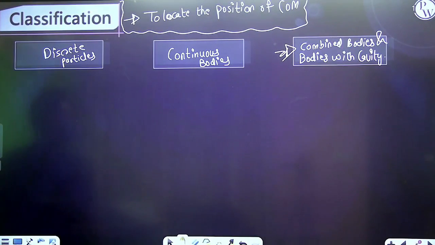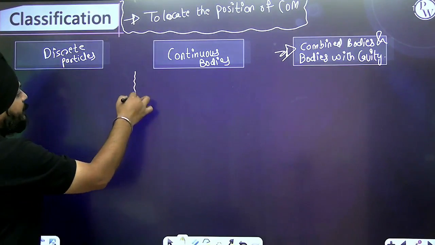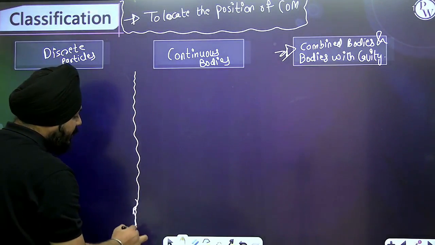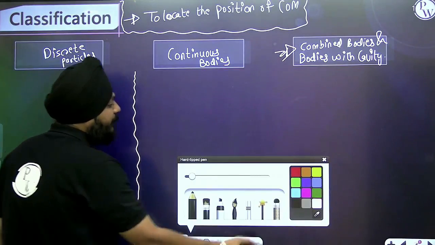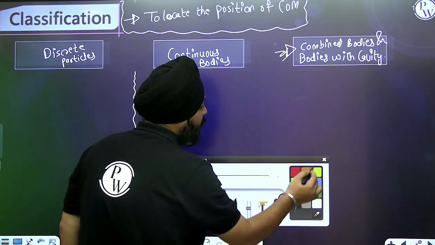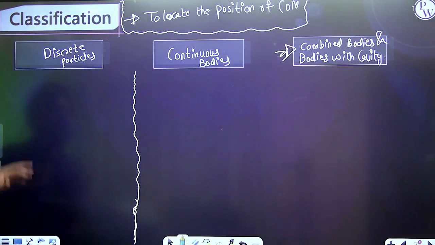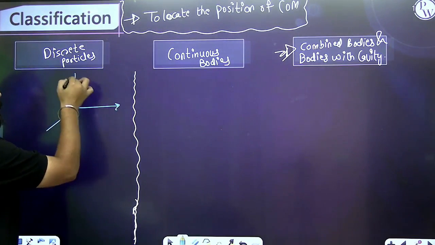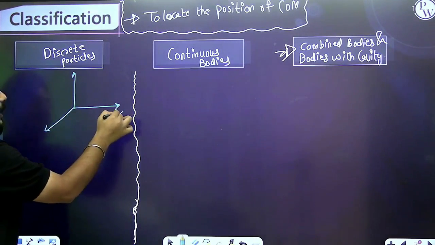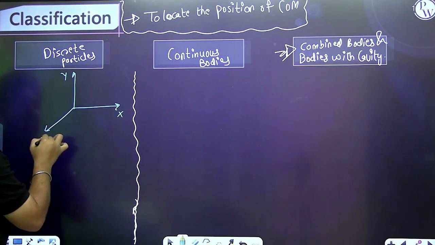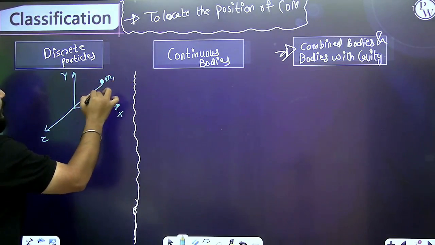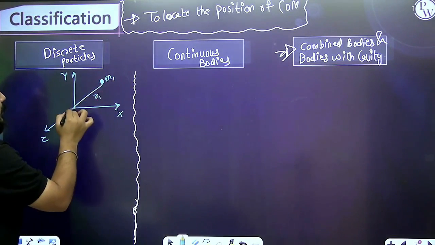If I am talking about the discrete particles forming the system, here we are going to discuss it randomly, and after that we are going to discuss each and every part in detail. Let's say in a Cartesian coordinate system, the entire three-dimensional space, this is the particle of mass m1 having position vector r1.